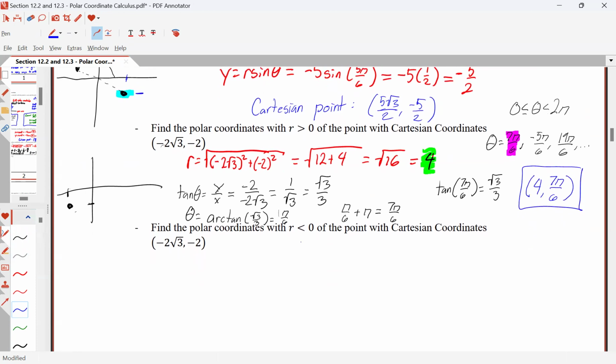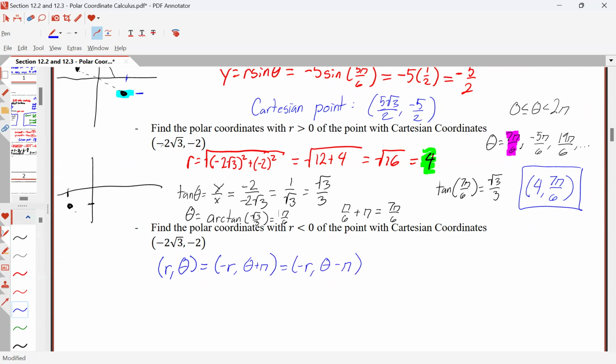Finding the polar coordinates with r less than 0, we saw in the first video that r, theta is equal to negative r, theta plus pi, or negative r, theta minus pi.